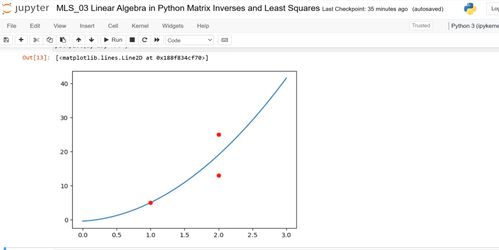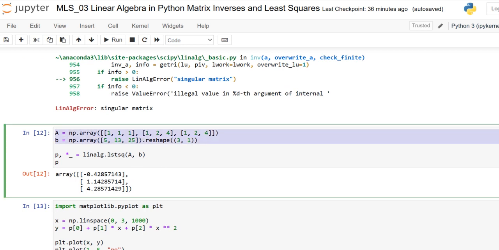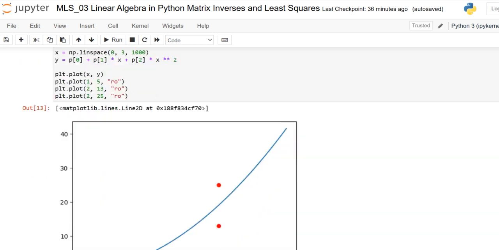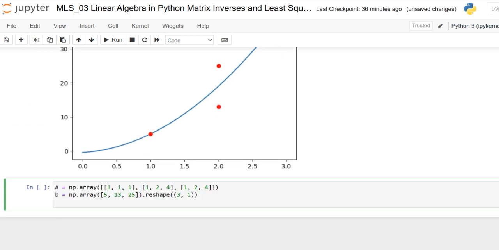So here I just give you the same thing. Again I take what is my a and b, and I go for the pseudo inverse here.